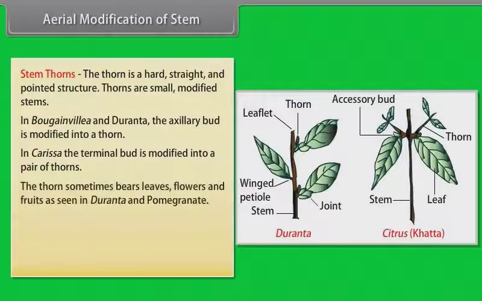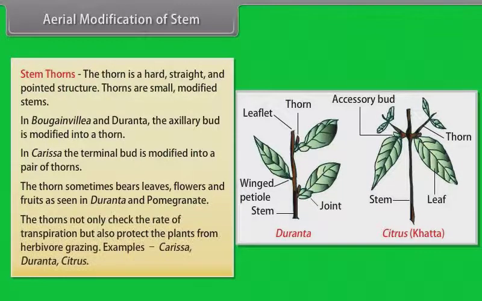The thorn sometimes bears leaves, flowers, and fruits, as seen in Duranta and pomegranate. The thorns not only check the rate of transpiration, but also protect the plants from herbivore grazing. Examples: Carissa, Duranta, citrus.